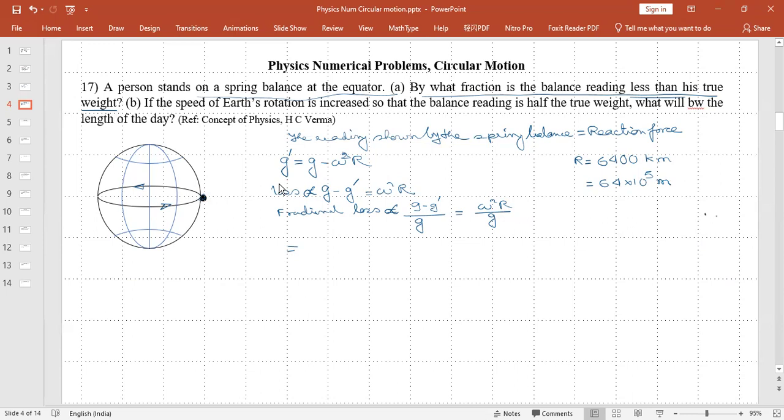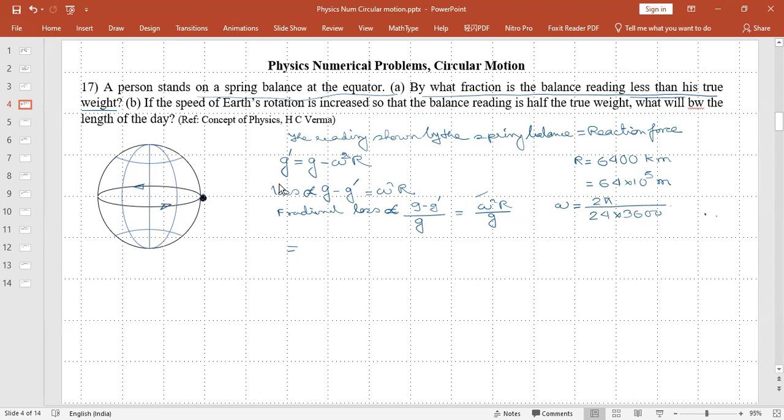And also, omega. What is omega? Omega is the angle of rotation per second. We know one rotation makes 2 pi radian. For any circle, the angle around the circle is 2 pi radian, and this is covered by the earth in 24 hours multiplied by 3600 seconds.